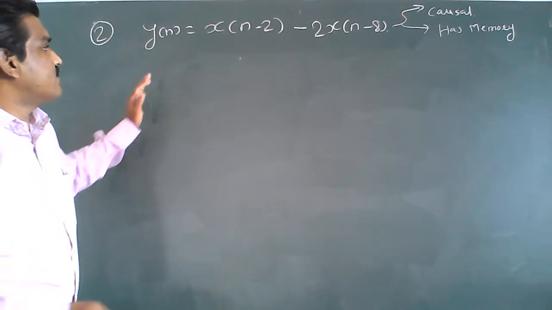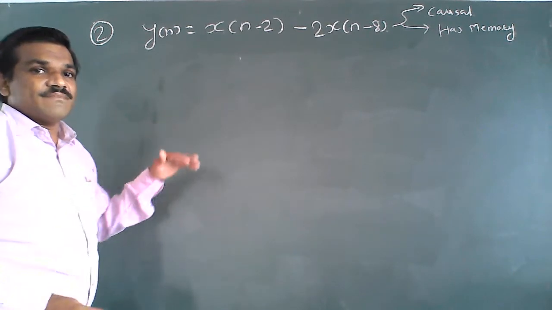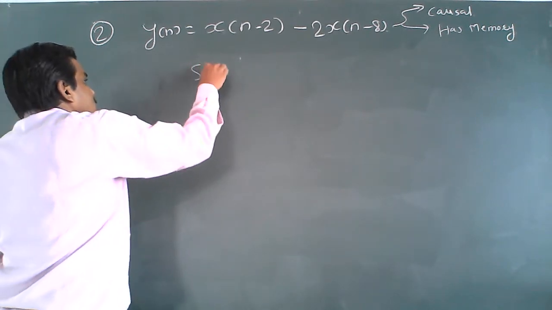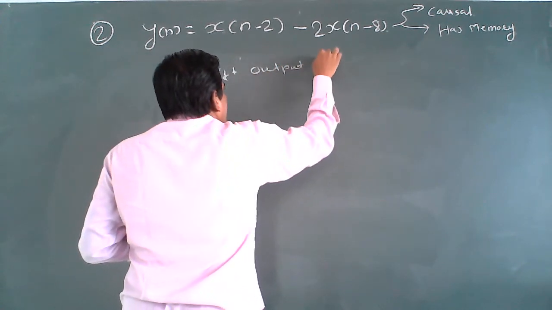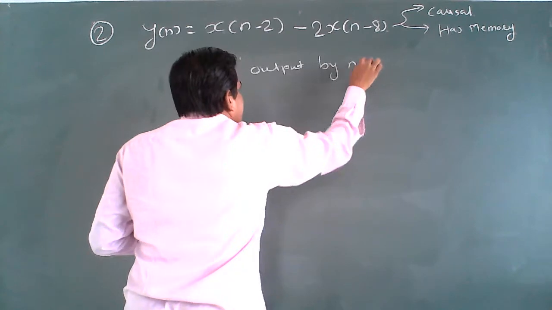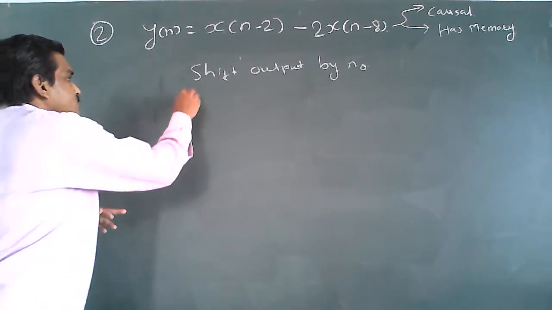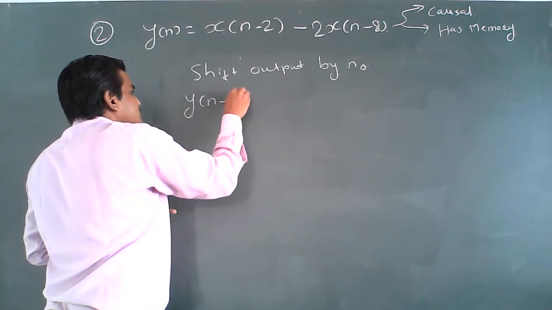Okay, so let us check one by one. First we will shift the output by n0. So we will get y of n minus n0.